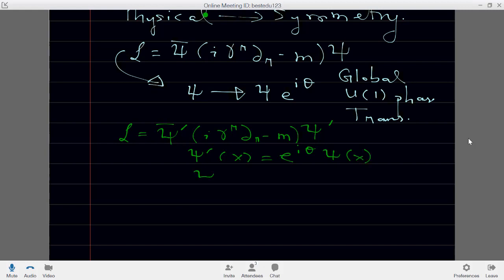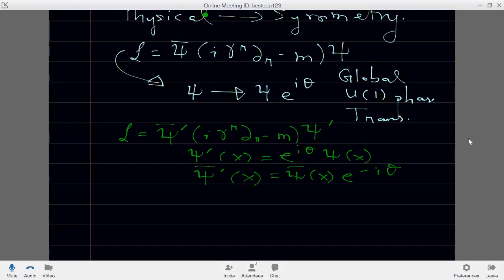You have to do a short calculation, and you will get psi bar of x here and e to the power minus i theta. Maybe I made a mistake. This is e to the power i theta, and then somewhere around here it will be minus i theta.